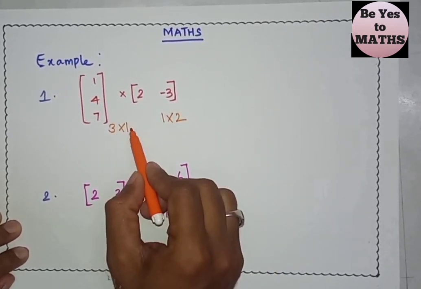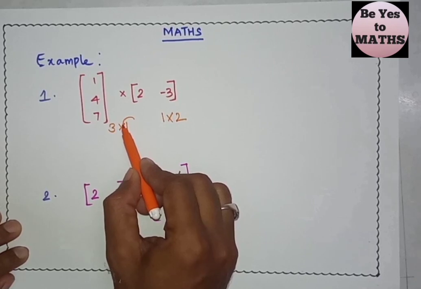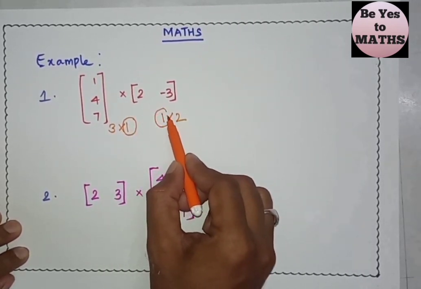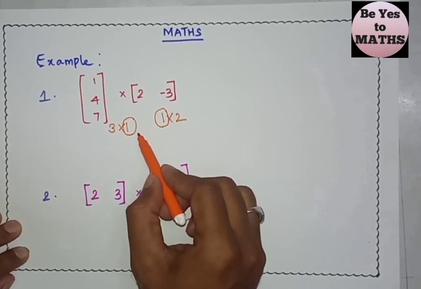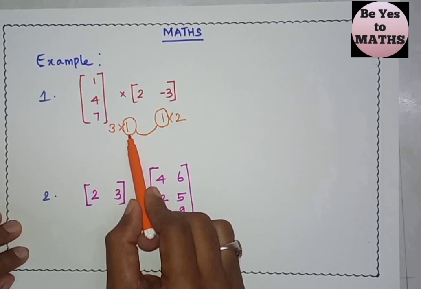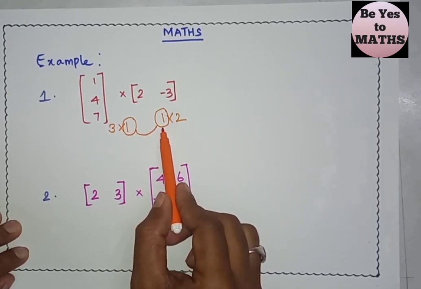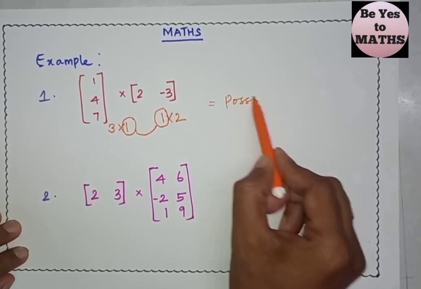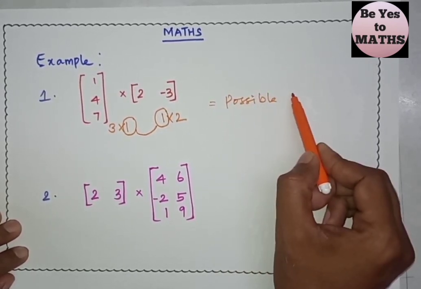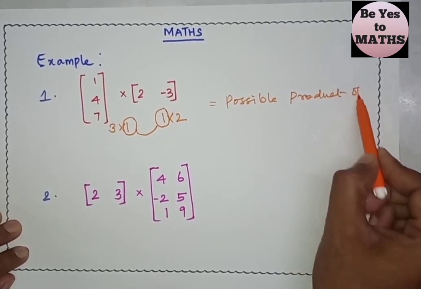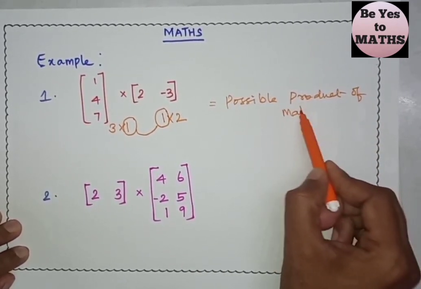Here the number of columns in the first matrix is equal to the number of rows in the second matrix. So it is possible to find out the product of the matrices.